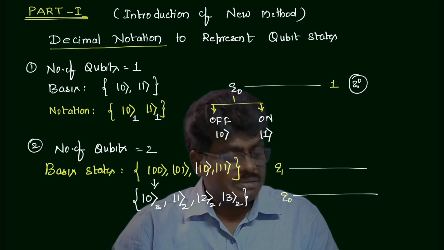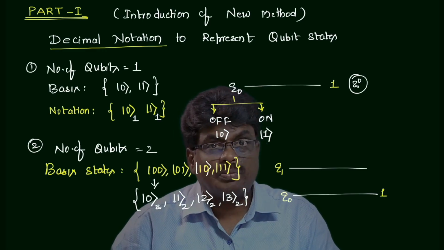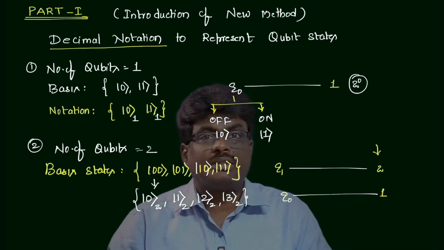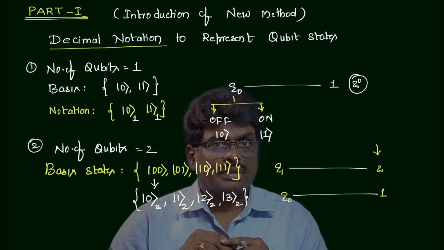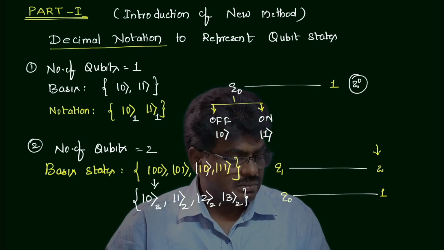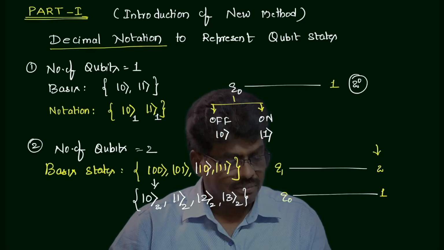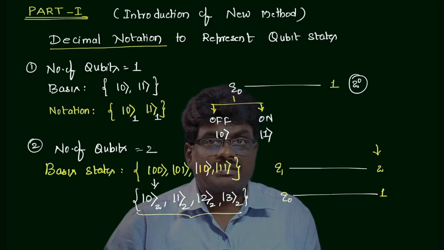Now this is the LSB 2 power 0, I'm taking it as a 1, and here I'm taking a 2 power 1, that is a 2. This notation is very crucial while we are solving the quantum circuit in this new method. Okay, you will understand slowly, no need to get tension. So the idea came from this is nothing but 2 power 0 and this 2 is nothing but a 2 power 1.